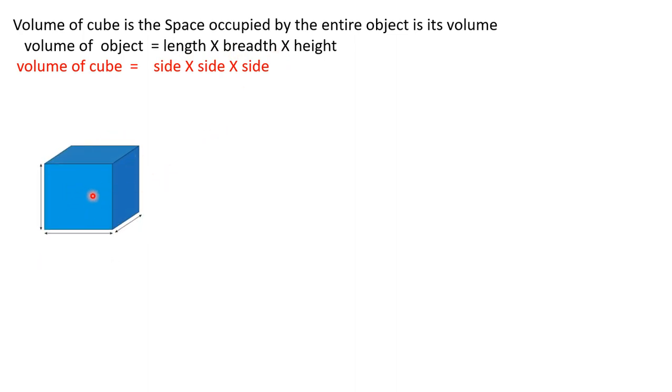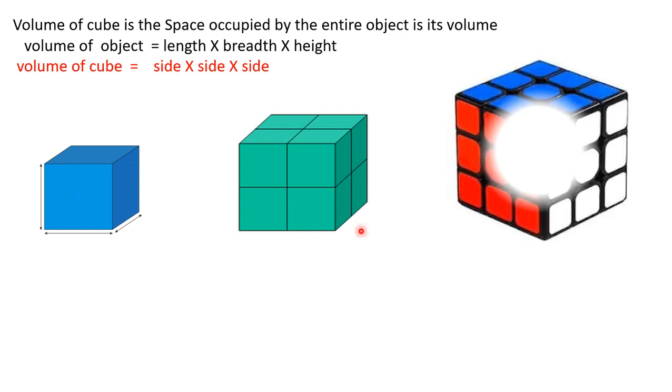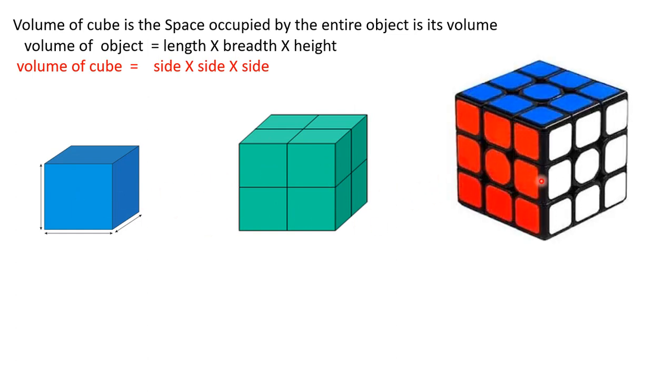So this is a cube, this is one more cube and this is one more cube. Now let's talk about these three figures, as they are all cubes. Let's take this cube, where its length is 1 centimeter, its breadth is 1 centimeter, and its height is also 1 centimeter.